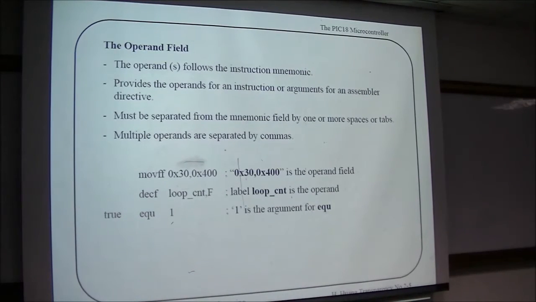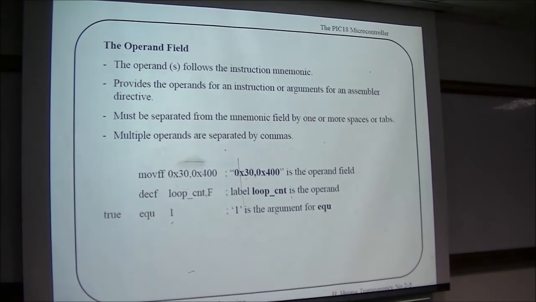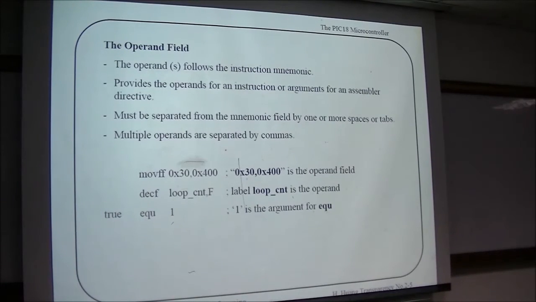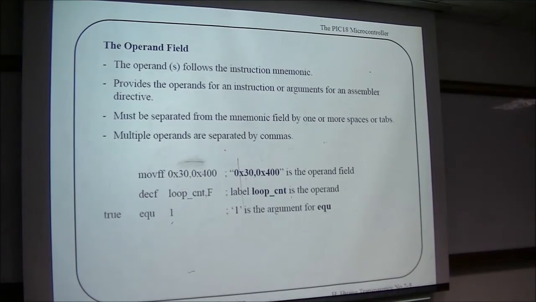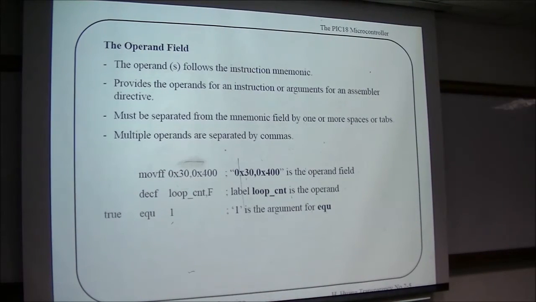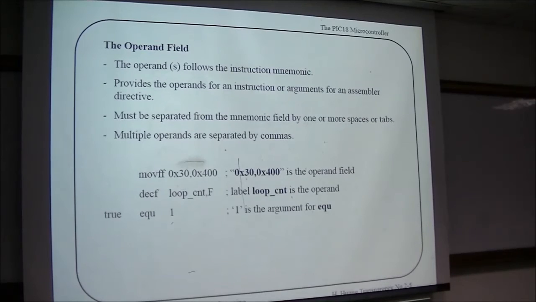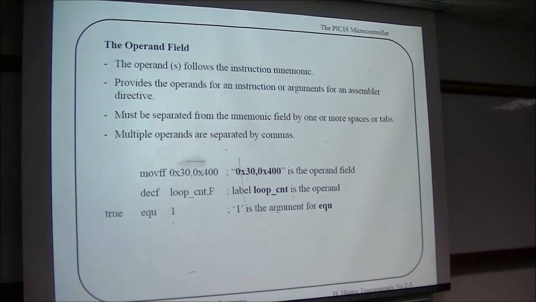So operands for an instruction means, for example, move LB is the mnemonic, and just now we wrote 2. 2 is the operand for the move LB, right? Operand means the value that you want to load, or you can call it an argument, or argument for an assembler directive. When you say argument, it's not a fighting argument, it's a value or variable. So arguments for an assembler directive means, for example, just now we saw one assembler directive, origin. Origin is in the second column.